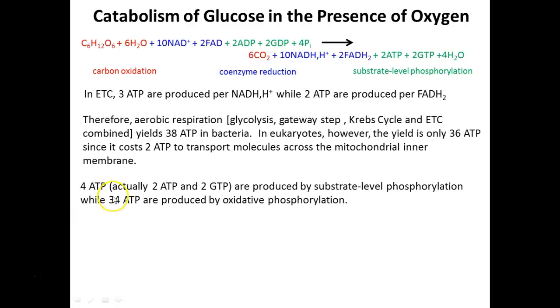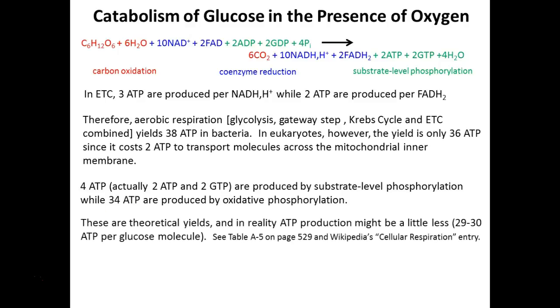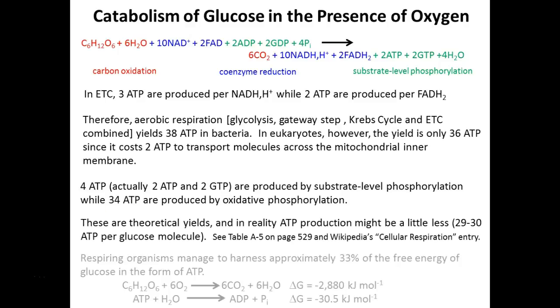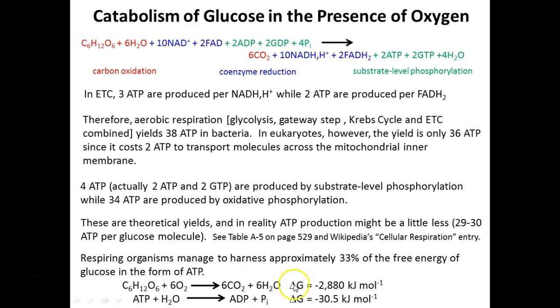But most of them come from the electron transport chain. 34 of them, right, come from those electron carriers going to the electron transport chain. And so this would yield quite a bit of energy. So you can even measure it in kilojoules of energy. Actual yield is less than that, right? But quite a bit of energy.